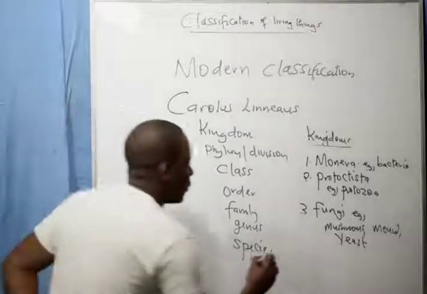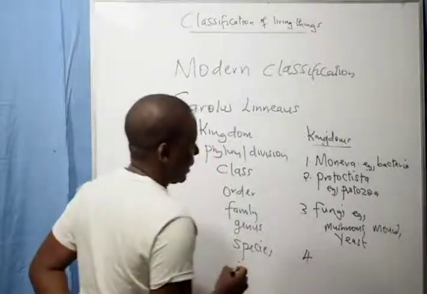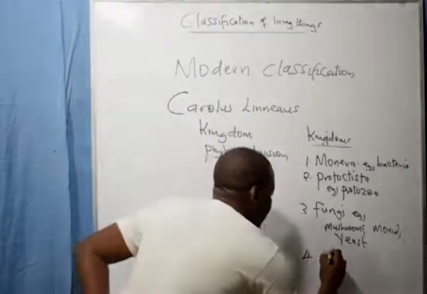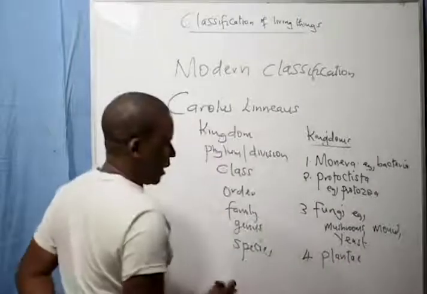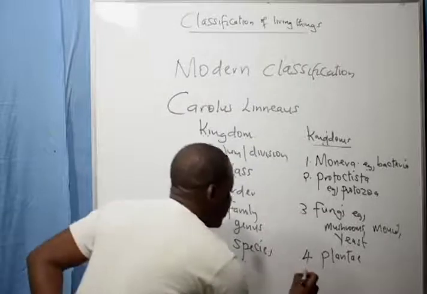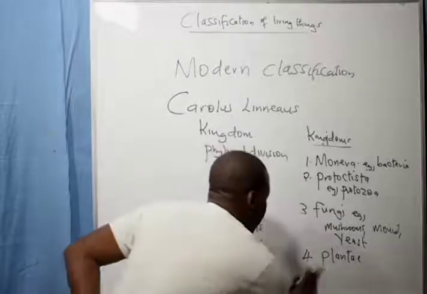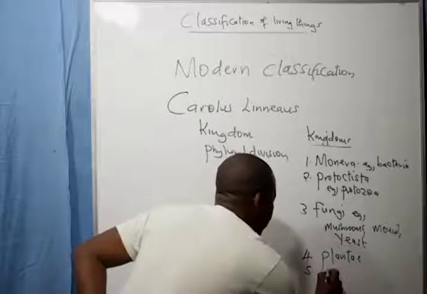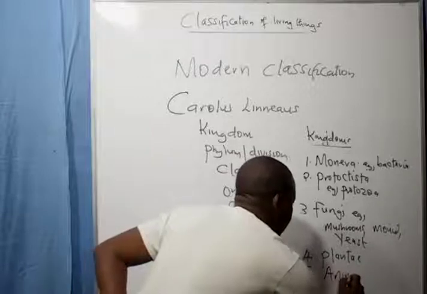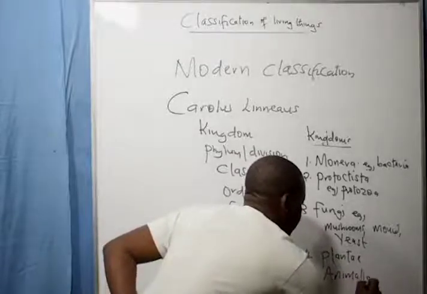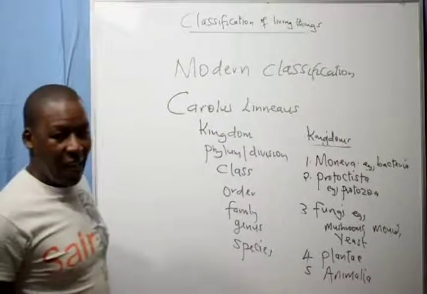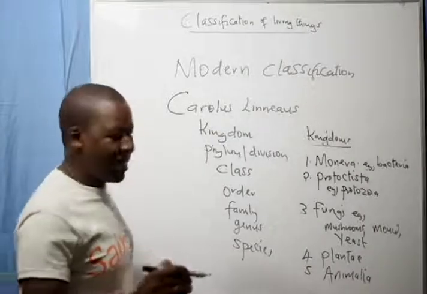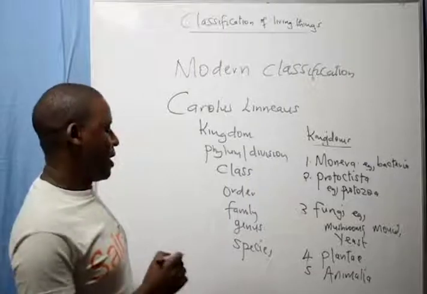The fourth kingdom is kingdom plantae. And then the last kingdom is kingdom number 5, kingdom animalia. Remember, when you're pronouncing, that should be animalia and plantae, not animals or plants.